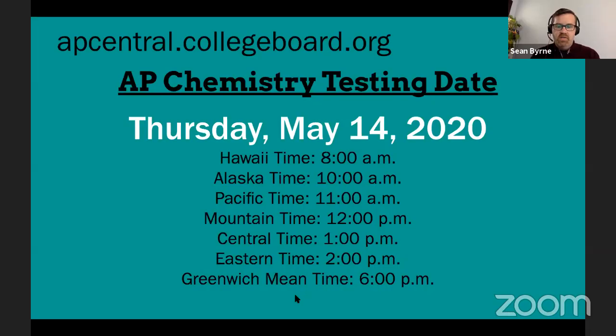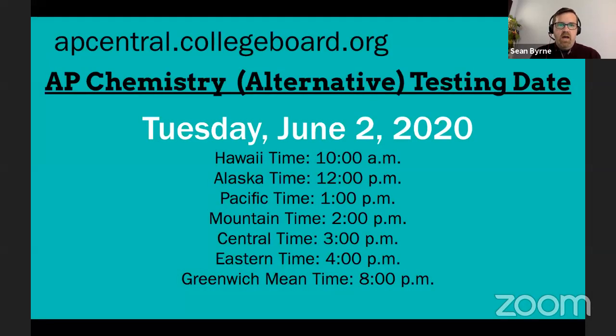Make sure you are aware of when your local time is associated with each of these. The alternative test is something you're going to want to talk to your teacher about. If you are not able to make the main test, talk to your teacher or an administrator at your school about getting your testing date switched to one of these days.